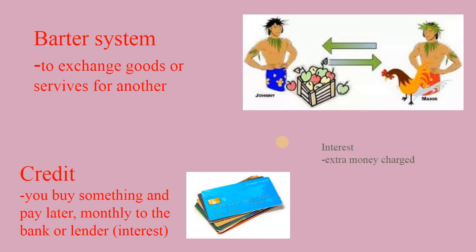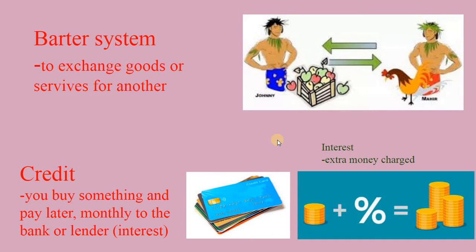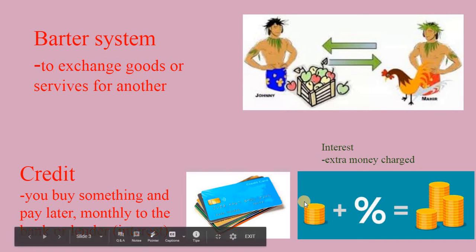What is interest? Interest is an extra amount that you will pay that lending institution for the right of them giving you the opportunity to buy that product or service without paying actual money at the time of purchase.